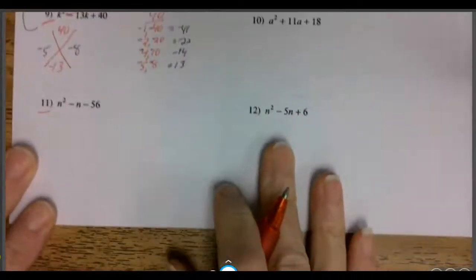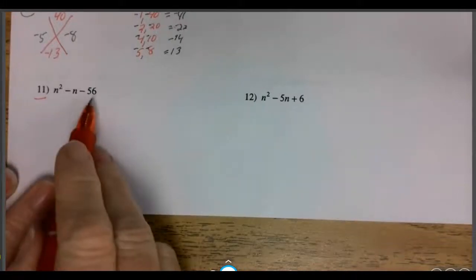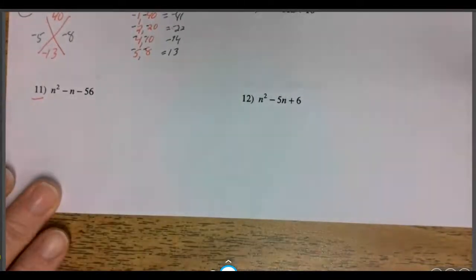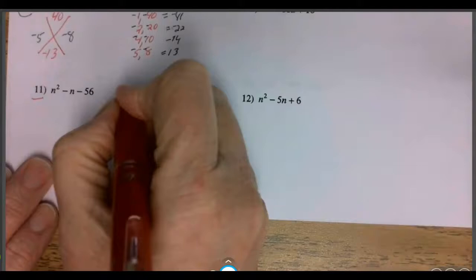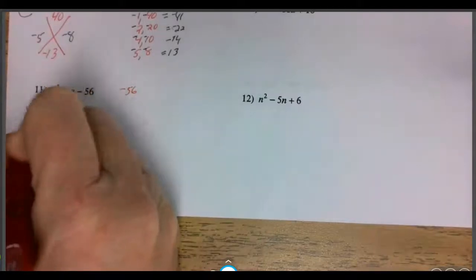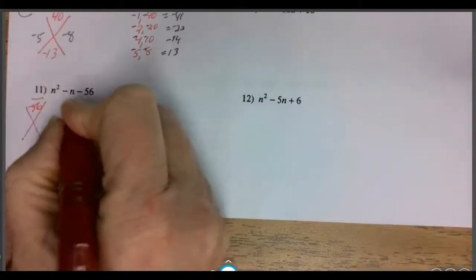Let's go to number 11. Number 11, same thing. If you want to pause your video and try these on your own. 1 times negative 56 is negative 56. That goes up at the top of my x. At the bottom, remember that's a 1, so that's a negative 1.